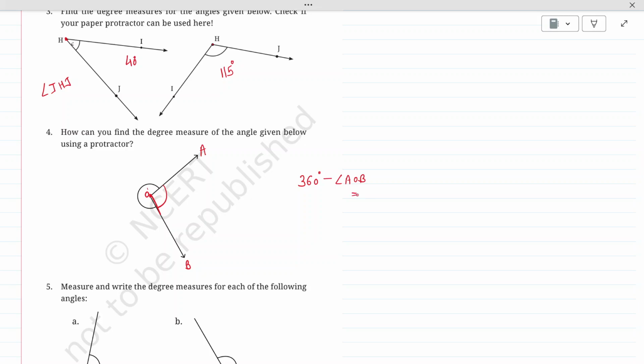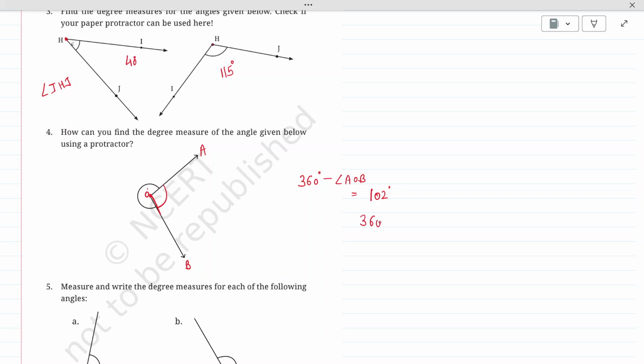It will give you the measure of this other angle. This angle is 102 degrees.